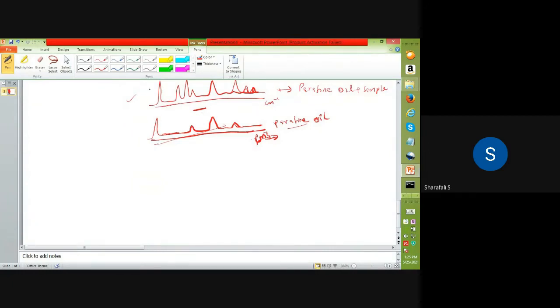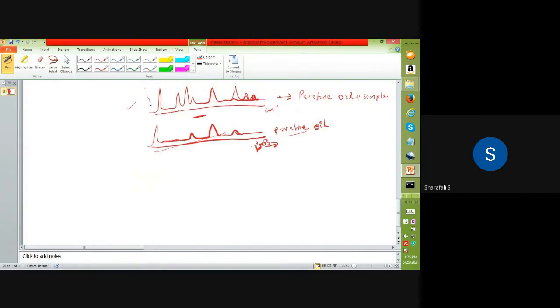The computer takes these values with a maximum of 100% if you are measuring transmittance. Or absorption, if you consider that.